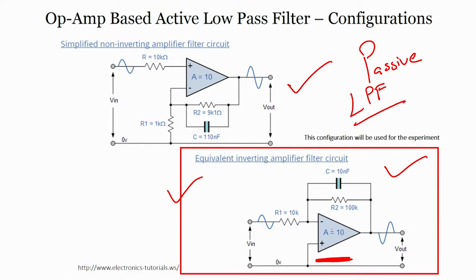Then we will see the active low pass filter, which is this one. So, let us see how we can design it and how we can move forward for the experiment part.